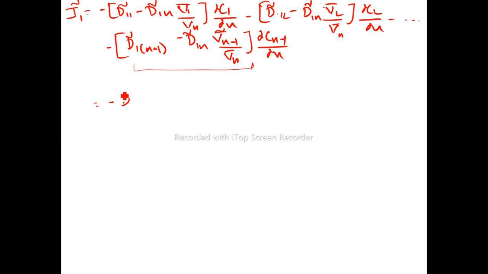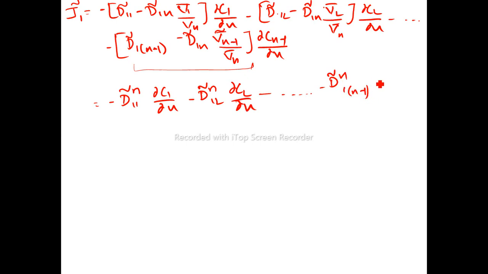We can write it as 2n ∂c1/∂x minus 2n12 ∂c2/∂x, up to 2n1(n-1) ∂c(n-1)/∂x. So this is J1 tilde.